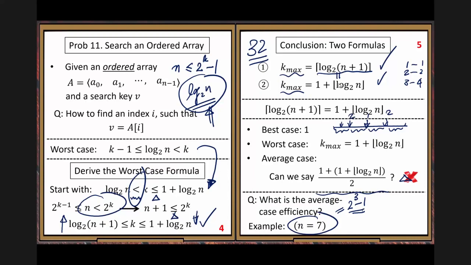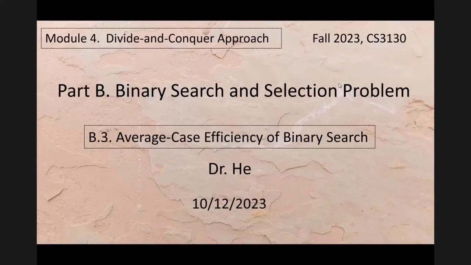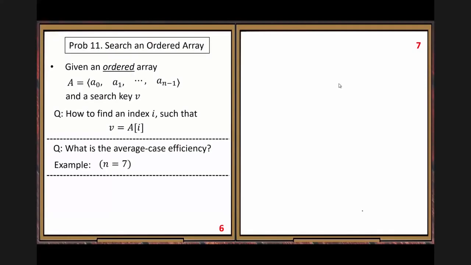You know a complete binary tree, right? All the levels are full. So we select the simplest case to do our average case efficiency calculation. All right, B.3, average case efficiency of binary search. This time, let me draw a diagram.